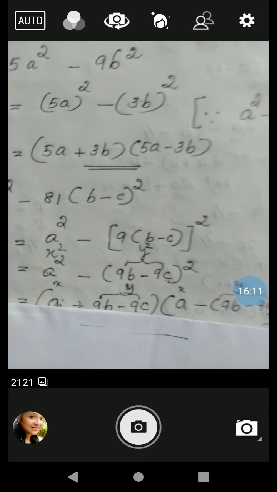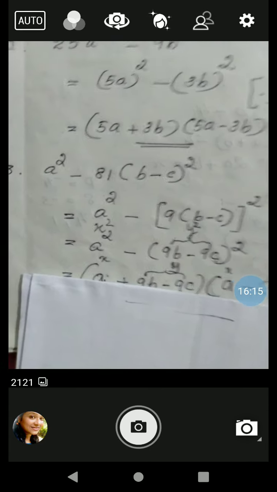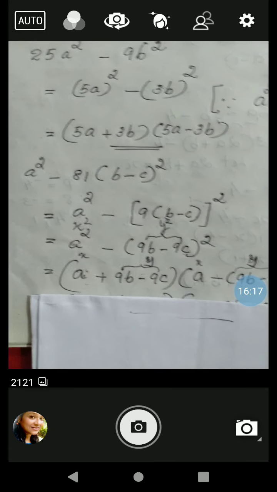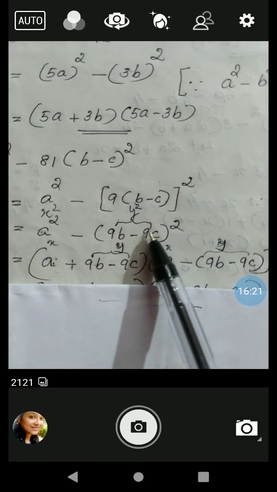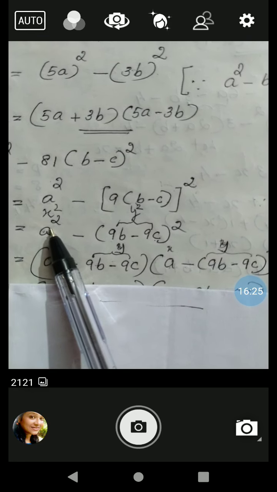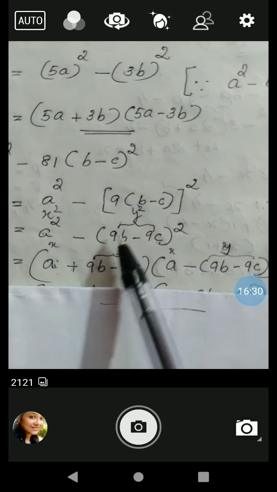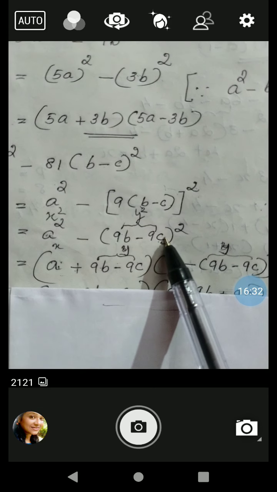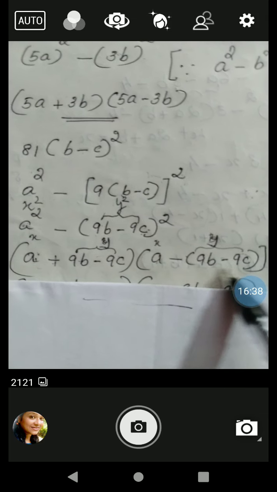We know x square minus y square is x plus y into x minus y. Here we can apply that. So a plus 9b minus 9c into a minus 9b minus 9c in bracket.